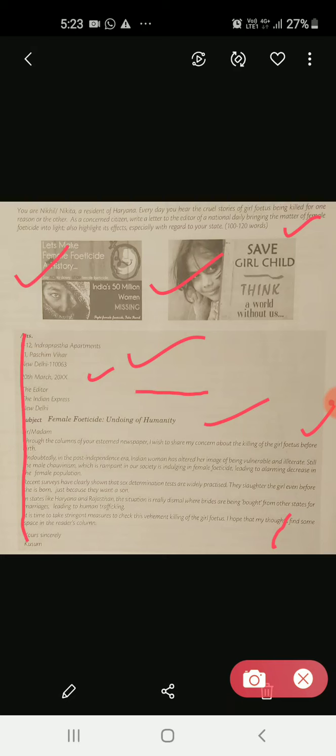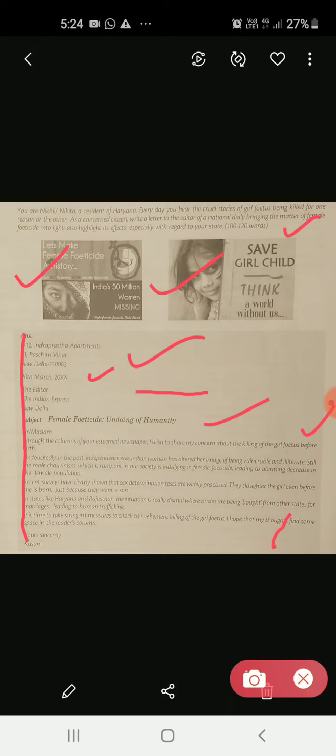Then, undoubtedly, in the post independence, Indian women have altered their image of being vulnerable and illiterate. Still, male chauvinism is rampant in our society, is indulging in female feticide, leading to an alarming decrease in female population. Recent surveys have clearly shown that sex determination tests are widely practiced.